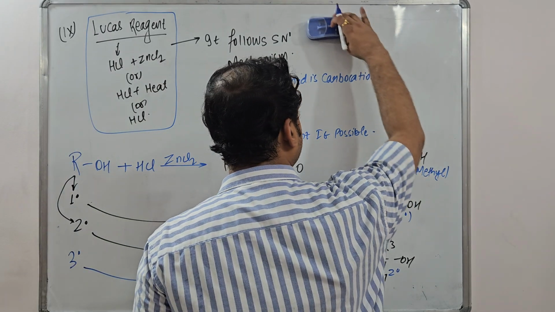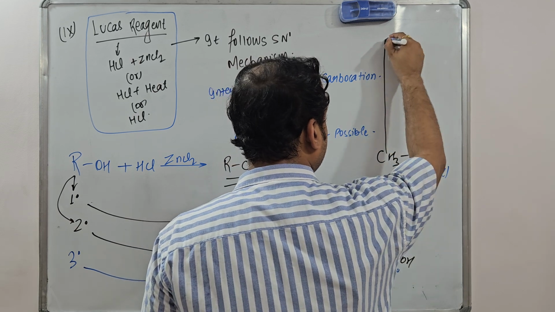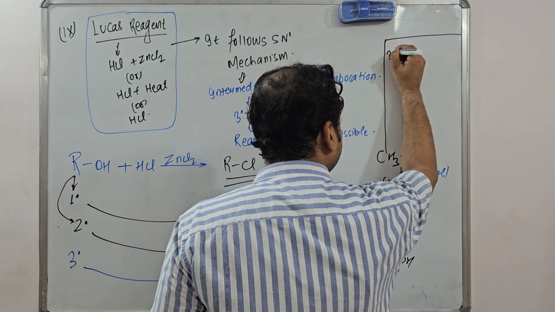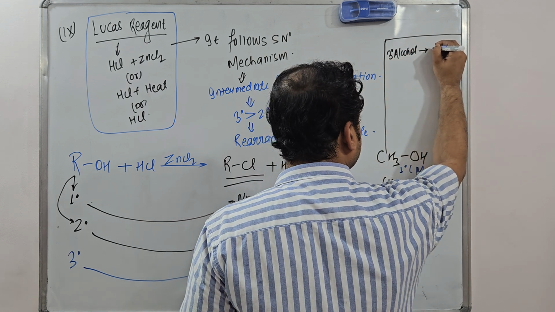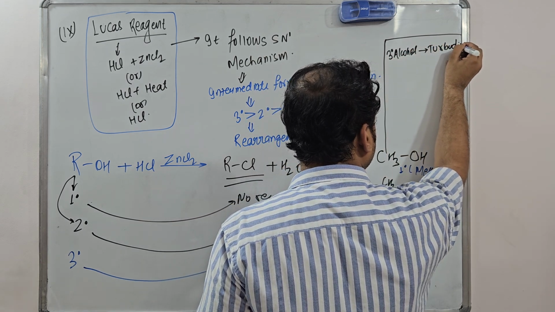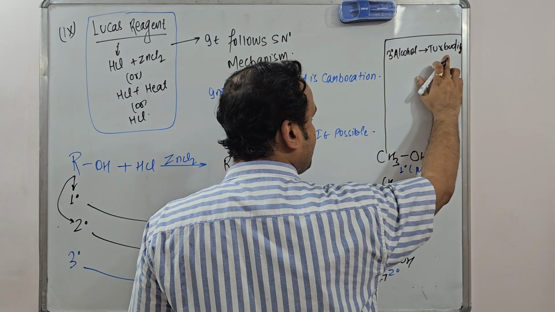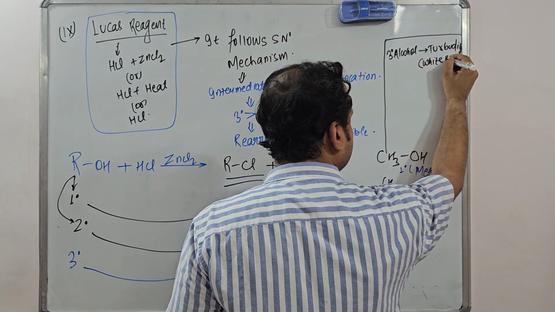As well as you will have to understand some more important points over here. If 3 degree alcohol is there, then it will give turbidity. What do you mean by turbidity? Turbidity means white precipitate.